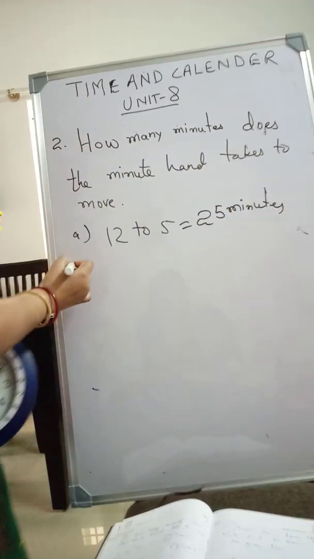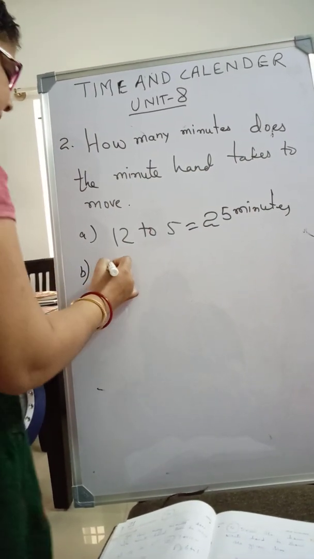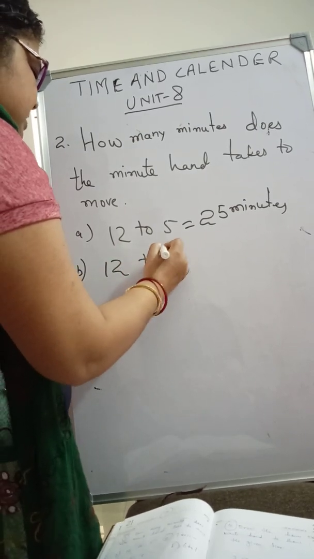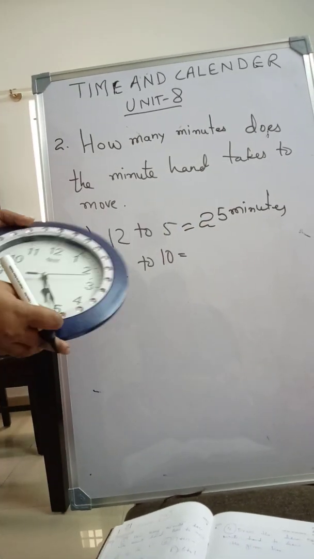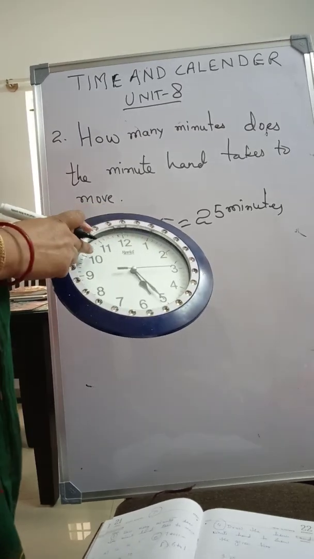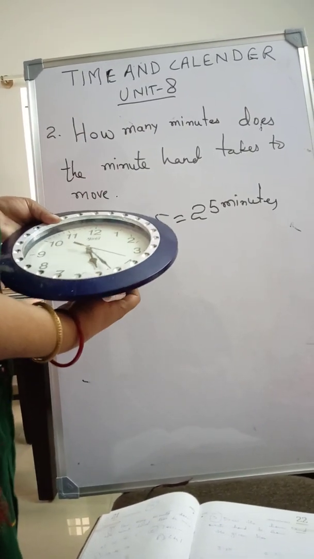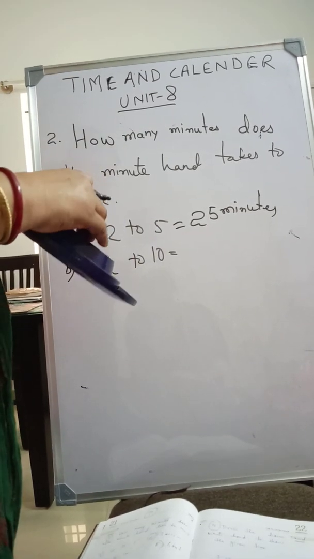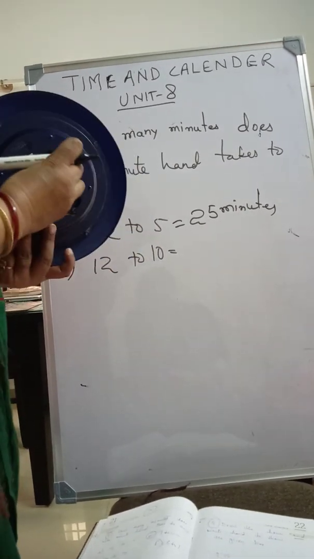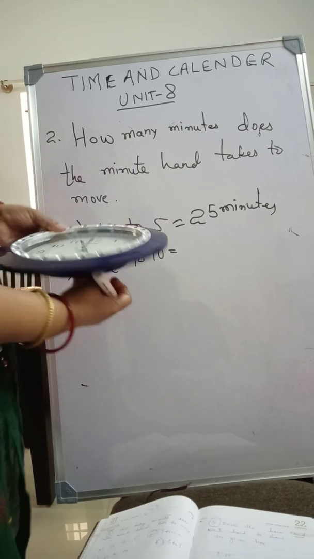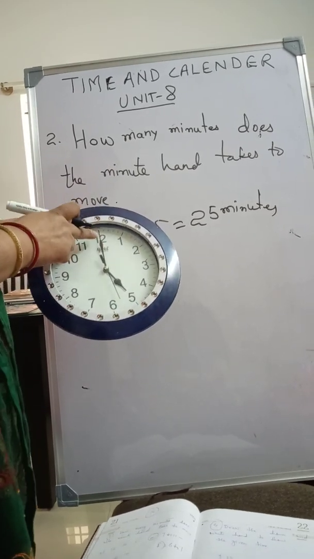Now come to the next question. Next is 12 to 10. So let us come here, 12 and this is 10. Again I am moving the minute hand to 12. See, the minute hand is at 12.